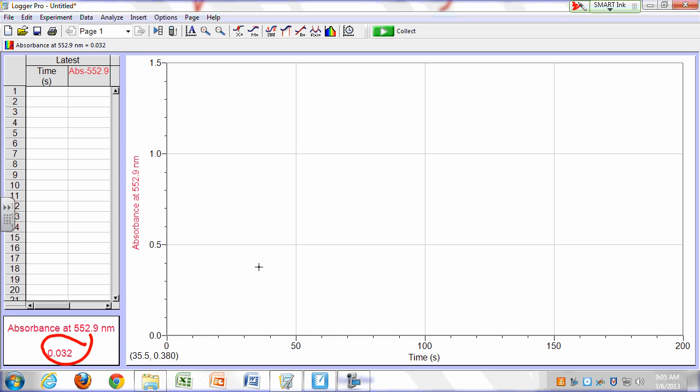Oh, putting in the wrong thing. All right, this sodium hydroxide. Okay, I need somebody to hit the collect button the moment I add the phenolphthalein.